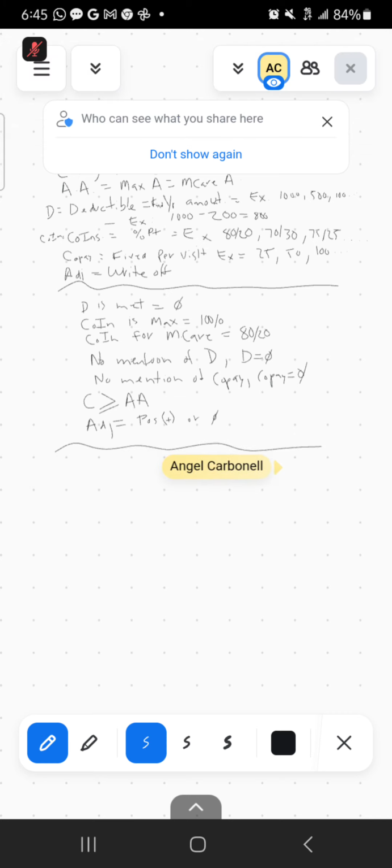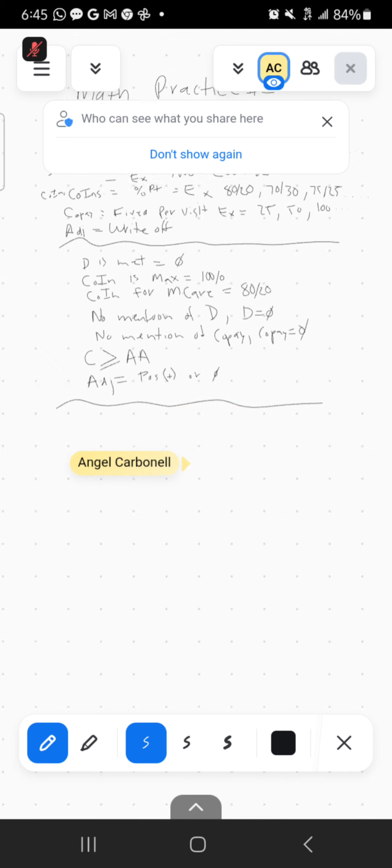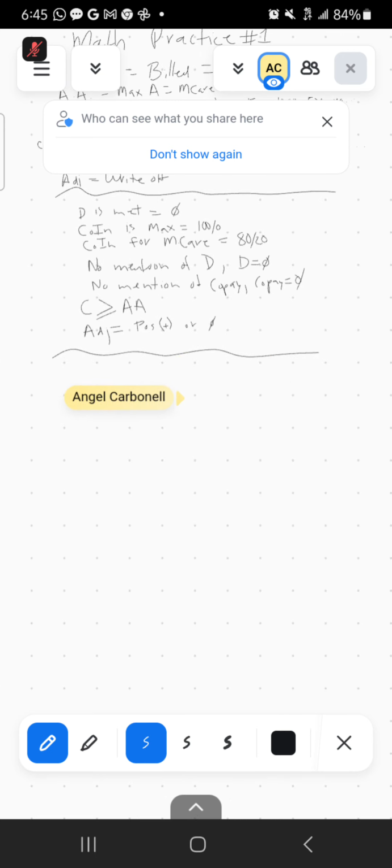Let's go to the fun part. The fun part is I'm gonna give you now some formulas. So there's 3 formulas, the 3 questions I can ask you. Formula number 1 is gonna be insurance payment.